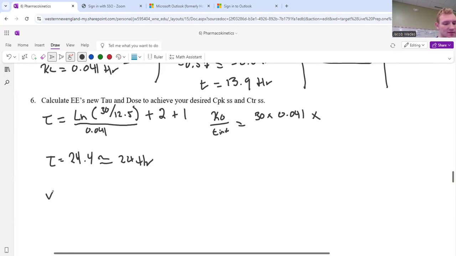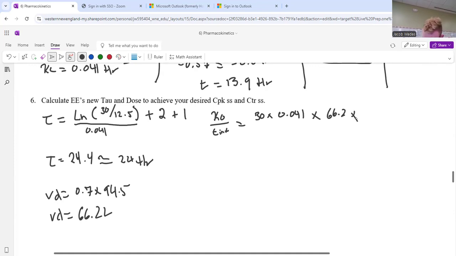So now we have to calculate the VD for the patient. VD for vancomycin is 0.7 times actual body weight, which was 94.5. So VD equals 66.2 liters.